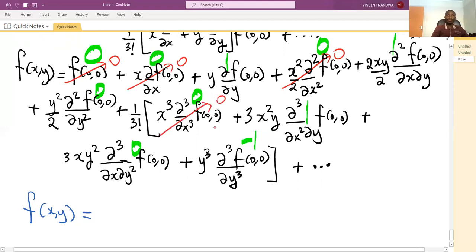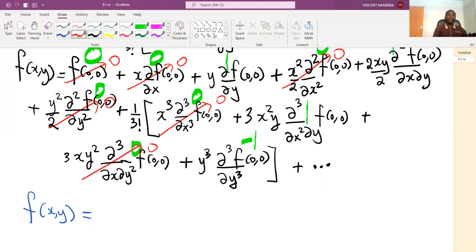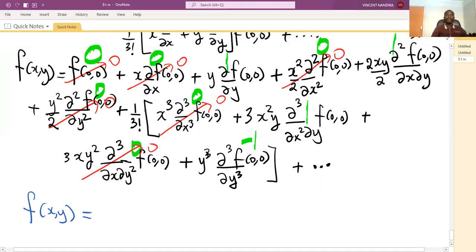Everything here goes to 0. Everything here goes to 0. Everything here goes to 0. So then our function will be, so this will be 1 times this, I get y. And then 1 times this one, I get, so 2 by 2 cancels out, so plus xy. And then this is 0.